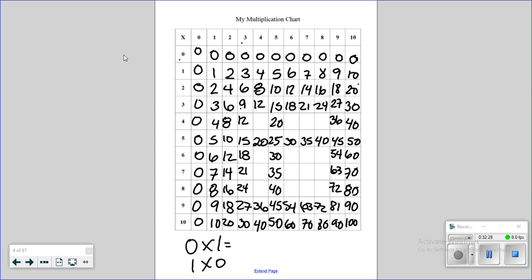Lincoln? 6 times 6. I have not filled in 6 times 6. We just did that. What is the product of 6 times 6? We just solved it in our notebook. What was that product?